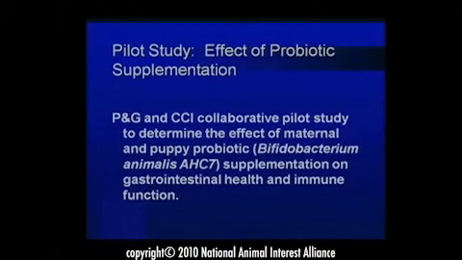So one of the things that we wanted to figure out is, could we impact this stress GI problem loop that I was describing by supplementing pups in the litter with a probiotic. Bifidobacterium animalis is a canine-derived strain.